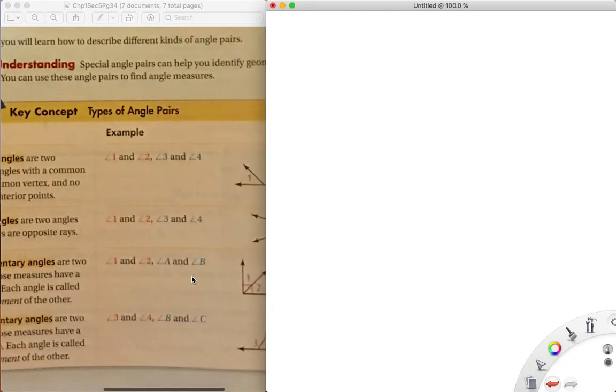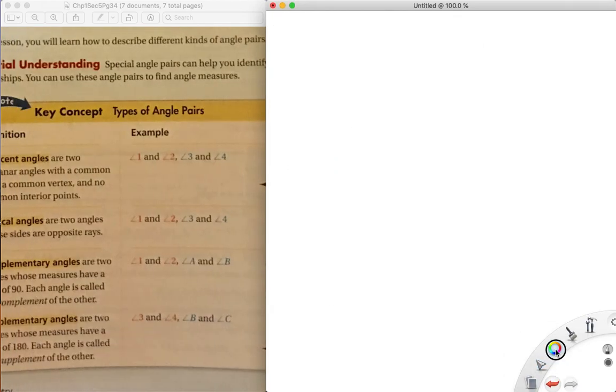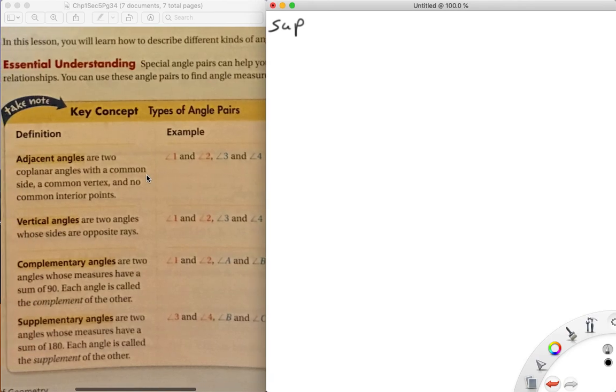Then we have supplementary angles. And supplementary, I think there's two P's in supplementary.